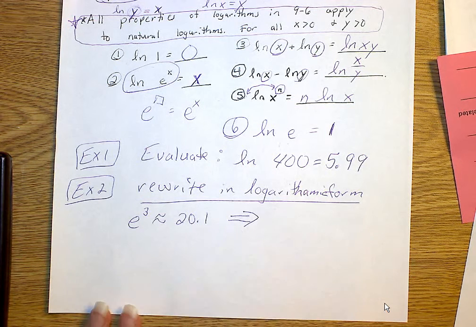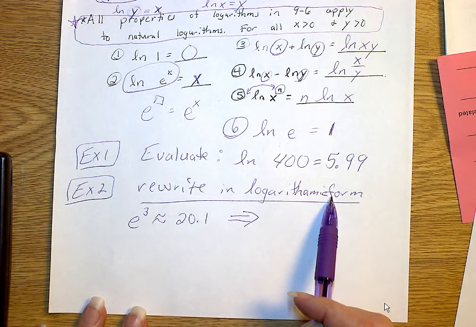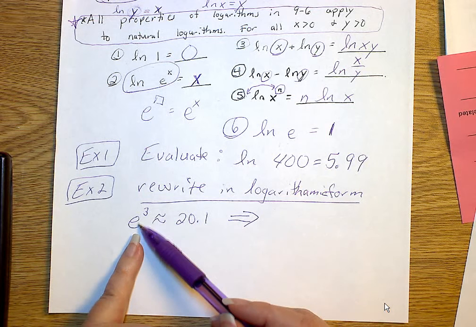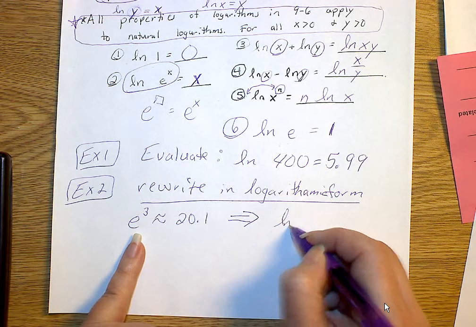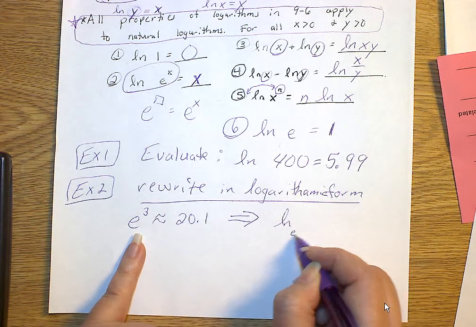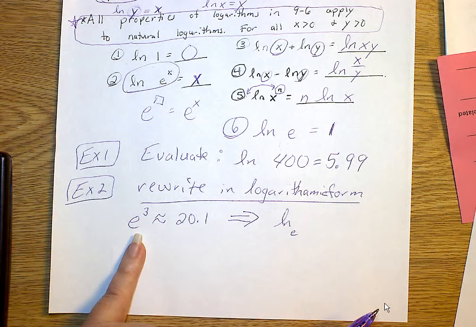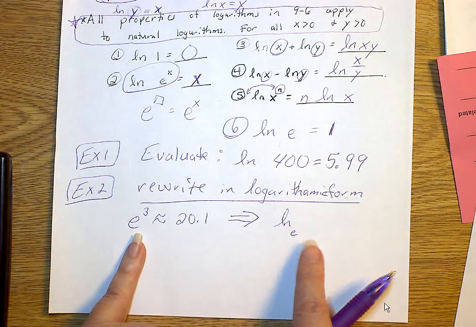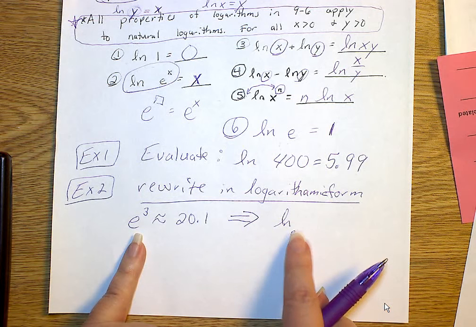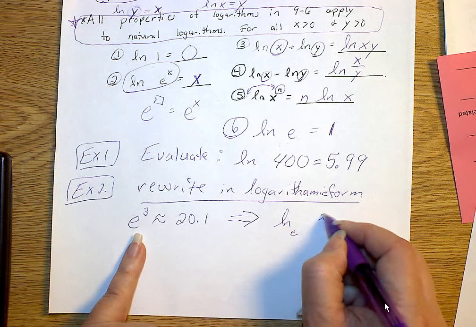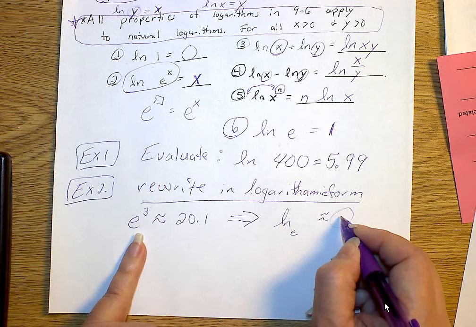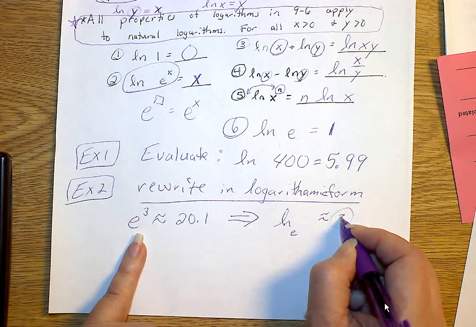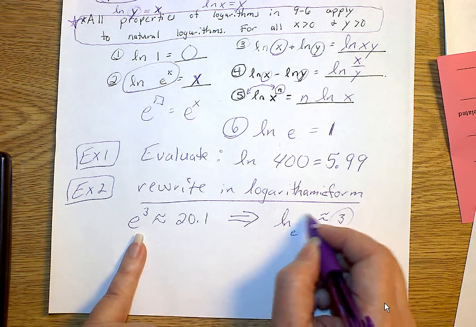To rewrite this in logarithm form, remember e, you want to do the natural log. So you're going to say ln. And if it helps you, put your base there of e. You don't have to, but you can. Logs are exponents, so my exponent goes there. What goes here? 3, leaving us with 20.1 to go there.